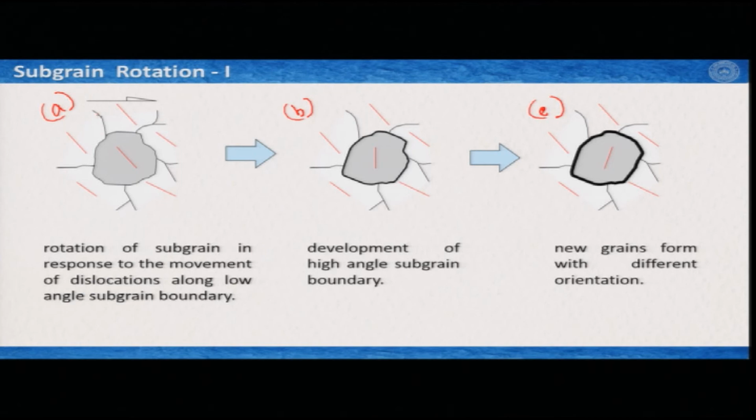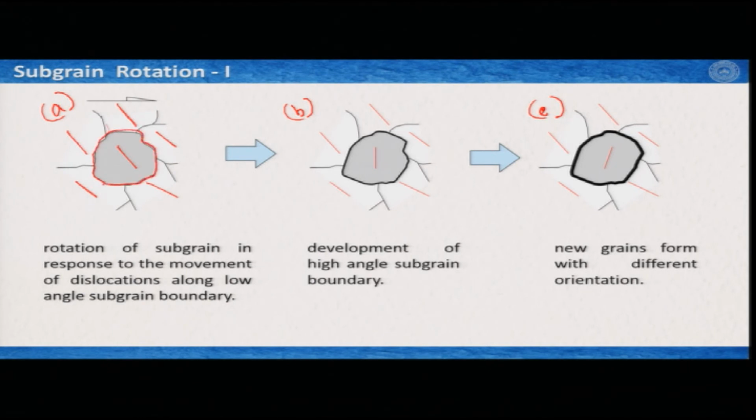These black lines are certainly grain boundaries, but the red lines are the orientation of the grains. For example, you can consider that these are the C axis oriented this way. As you can see, they are oriented in a very similar way. Therefore, the grain boundaries here are very low angle grain boundaries, so these are subgrain boundaries.